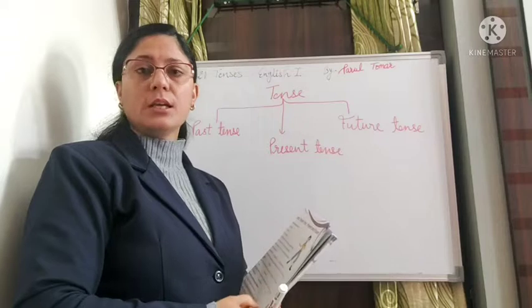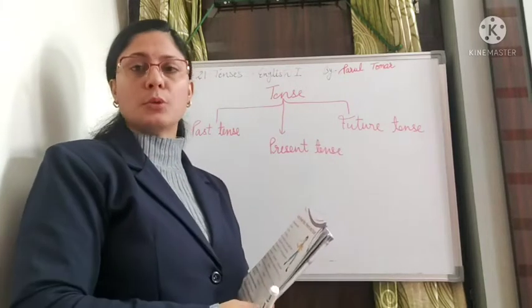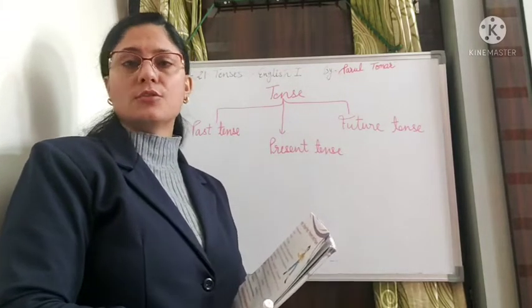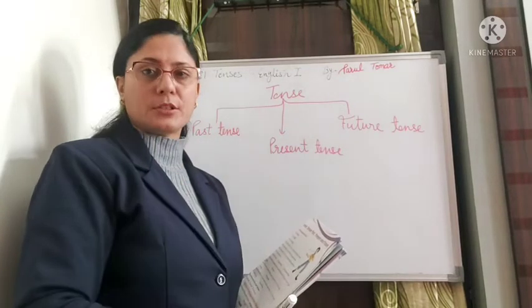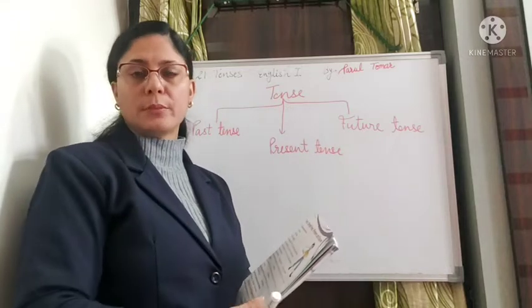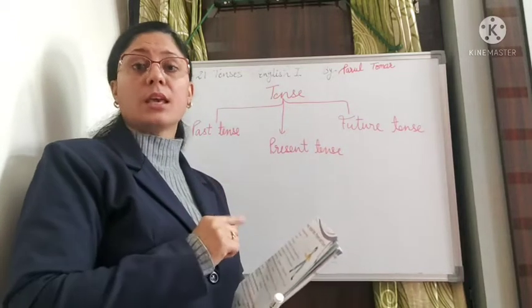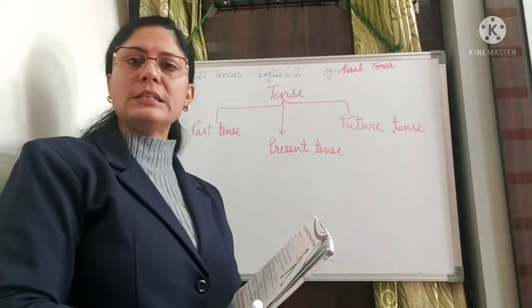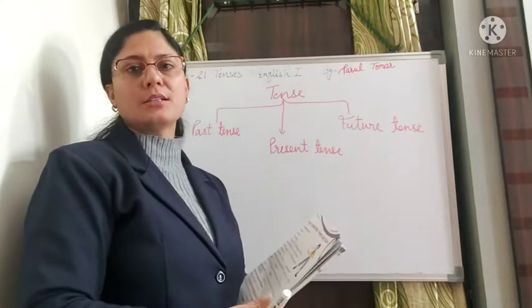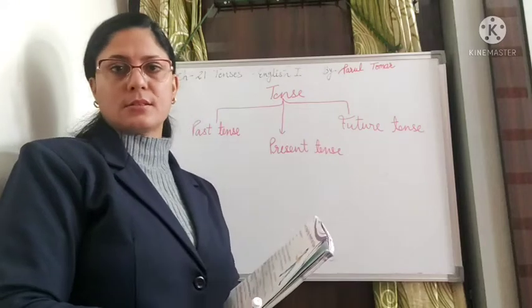In the same way, last year was 2021. Now it is 2022. So past is which has already happened. Like you were a small baby, now you have grown up. So something which has already happened comes in past tense.